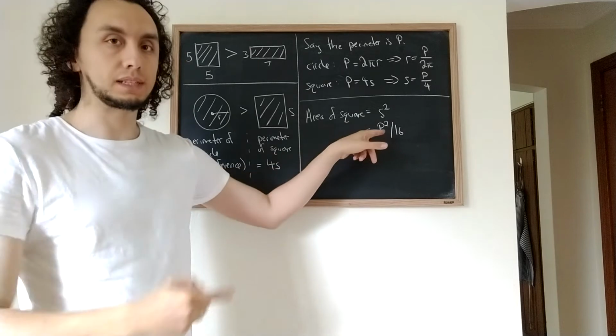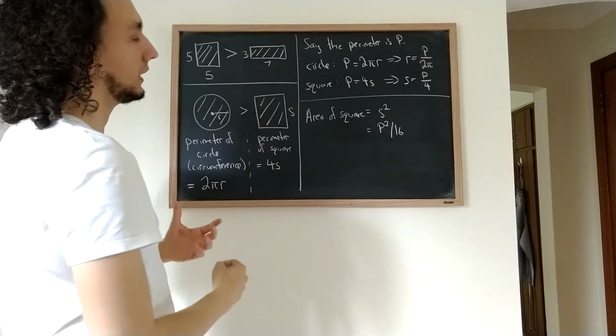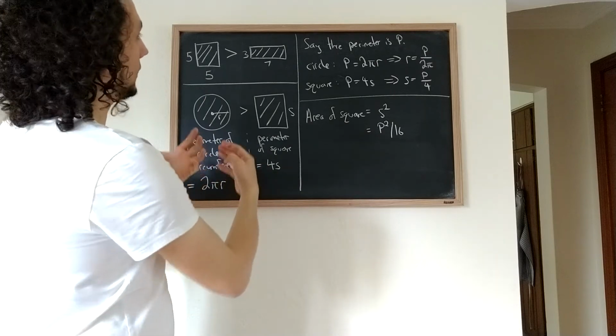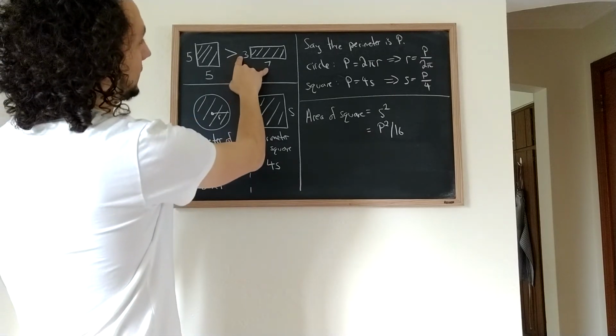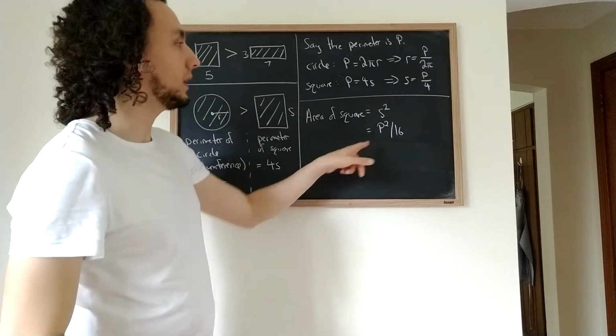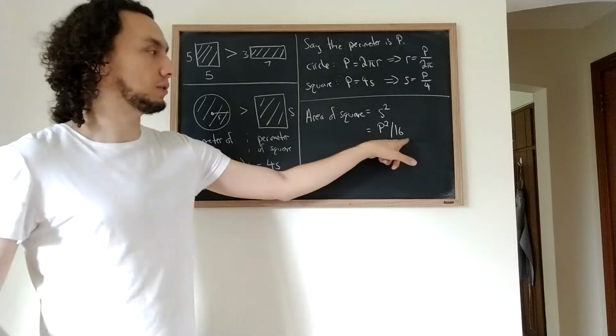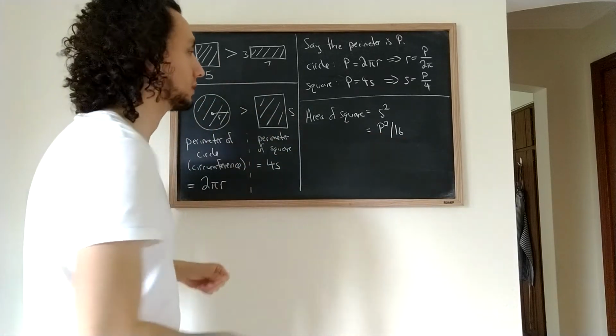By the way, in the last video, we calculated the area of an arbitrary rectangle of any dimensions where the perimeter adds up to some fixed value. And if you apply that formula we found to the case where it's actually a square, you get p squared over 16. So that part checks out.